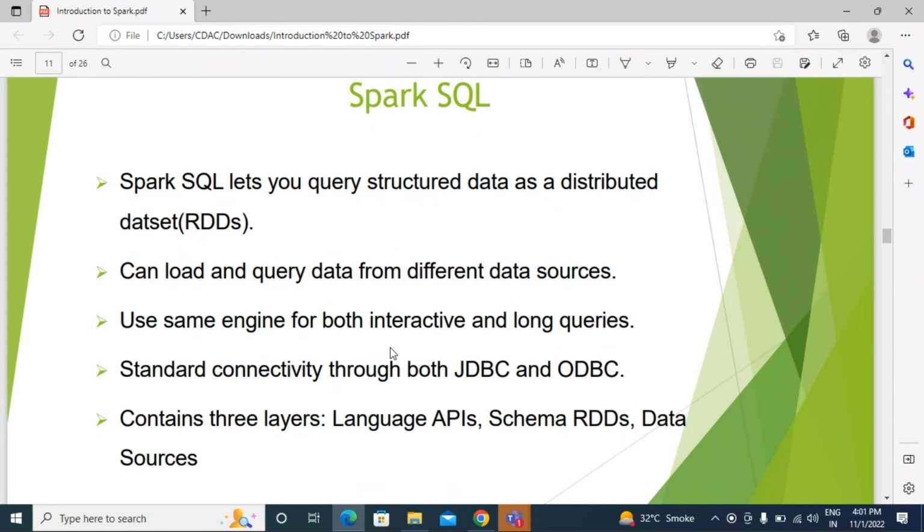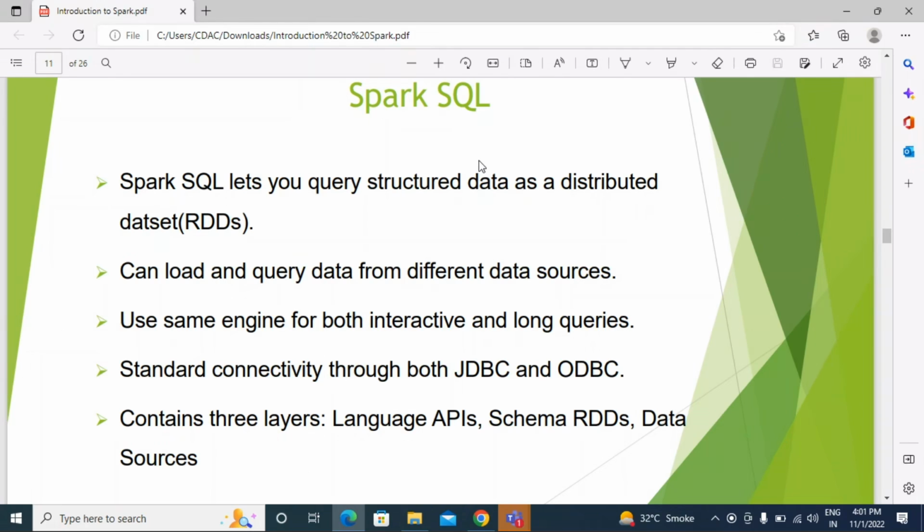Also, one of the benefits is that, let's say a person who has worked for 10 to 15 years in RDBMSs all of a sudden has to process the data with respect to Spark.